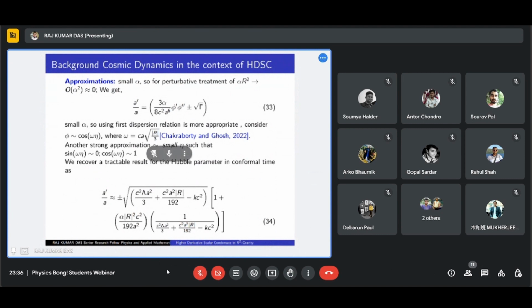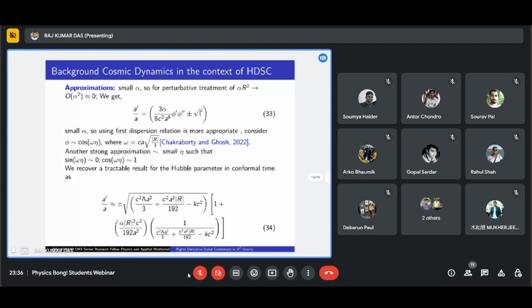And also here we have taken some naive approximations to get a smooth analytical expression. So here at first we have taken phi as cos omega eta. This is the only time crystal solution of this field, which is studied in the paper of Chakraborty and Ghosh in 2022.